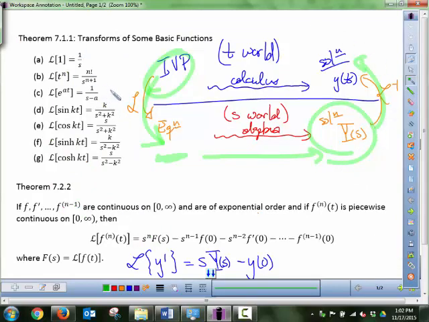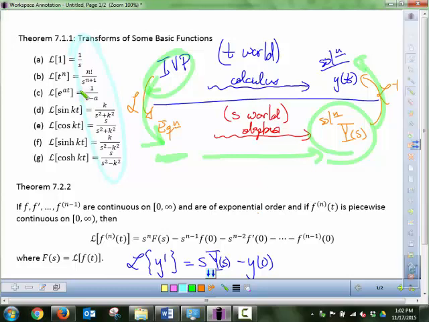To take the inverse transform, unfortunately, this is usually the toughest part, we need to take a look at these things as possible candidates of what we have for y is equal to capital Y, and we want to make it look like one of these things, or a few of these things that we're adding and subtracting.